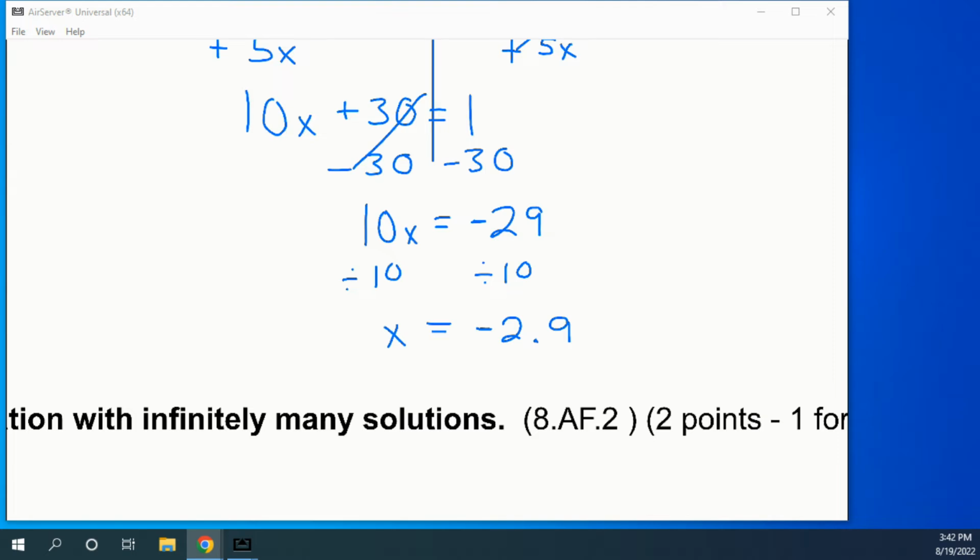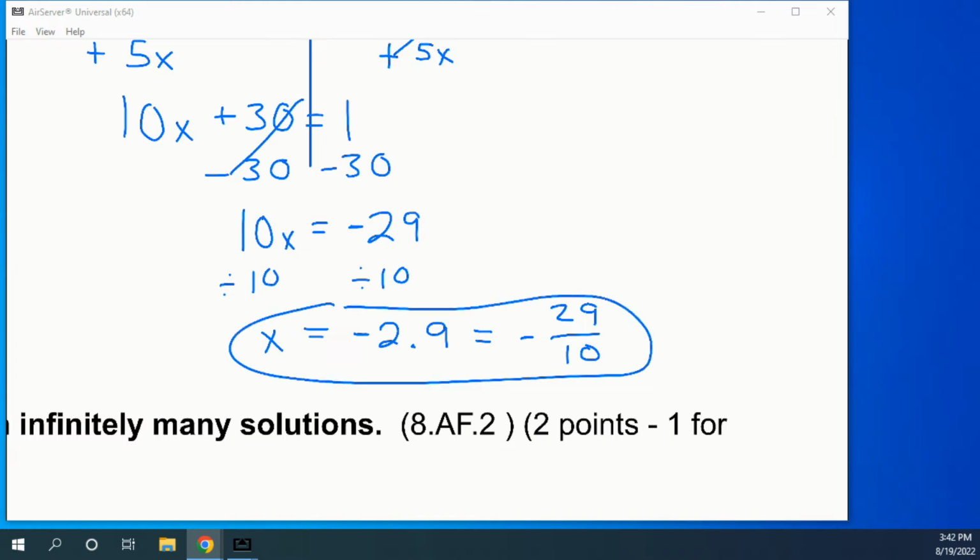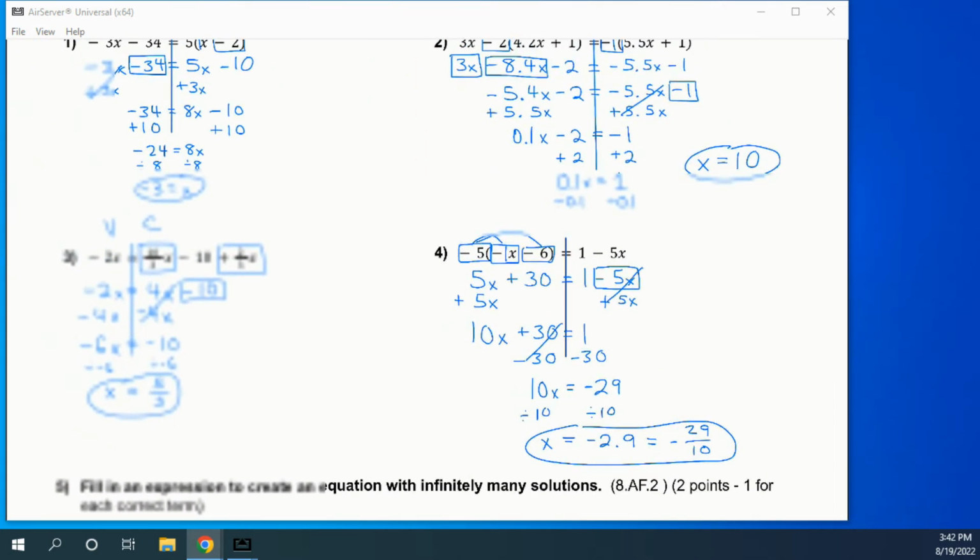An improper fraction would be ugly, but it would be -29 tenths, of course. Either one of those is acceptable. Also -2 and 9 tenths. It's all acceptable as well. All right. So there's our first 4.